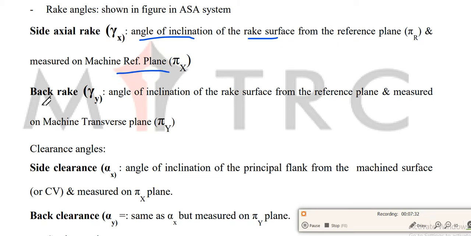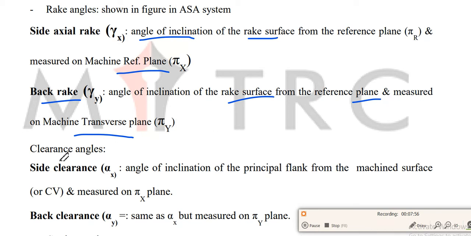Now what is back rake? Back rake is denoted by gamma y, and it is the angle of inclination of the rake surface from the reference plane, and that will be measured on machine transverse plane pi y. So you can notice from the above figure the pi y and the back rake angle.